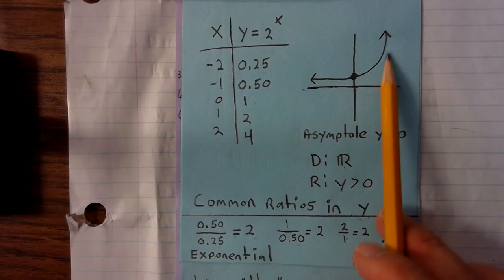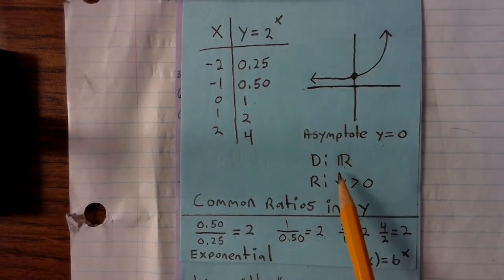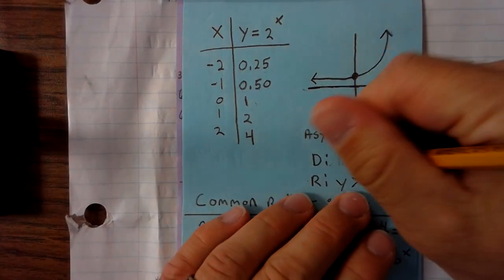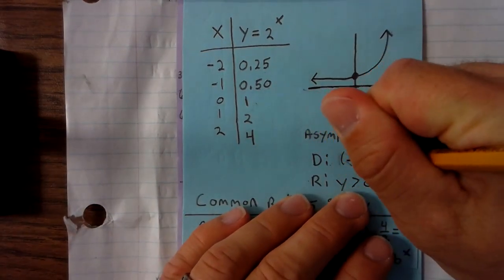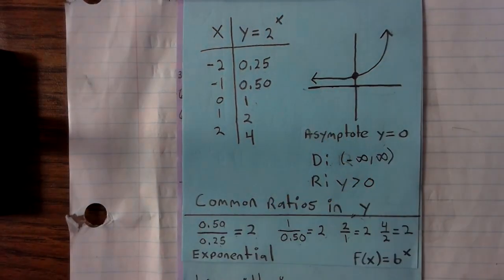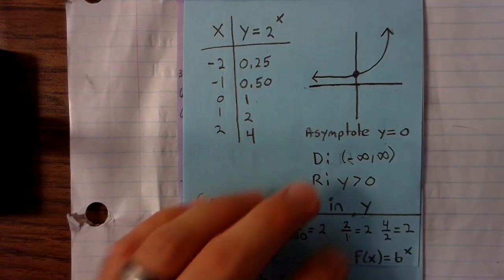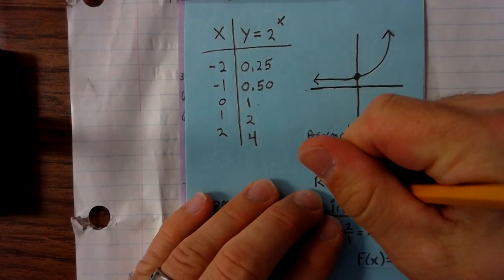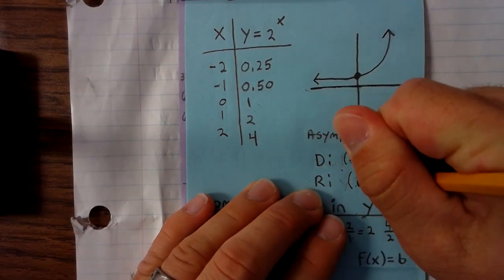The function is this. Domain is all real numbers, which we're going to write as negative infinity to positive infinity. And y is greater than 0, which we're going to write as parentheses 0 to infinity.